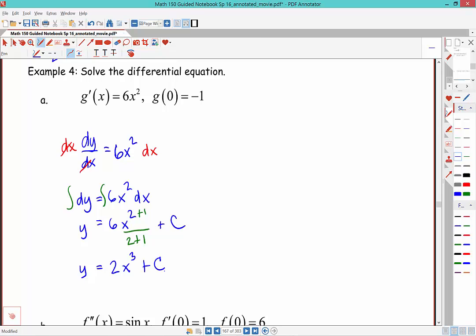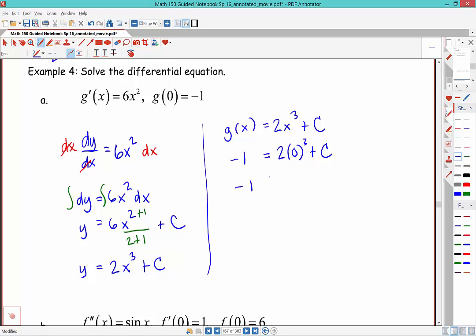So now let's rename it: g of x is 2x cubed plus c. So g of 0 is -1. That means that when the function takes on a value of -1, the input has to be 0.